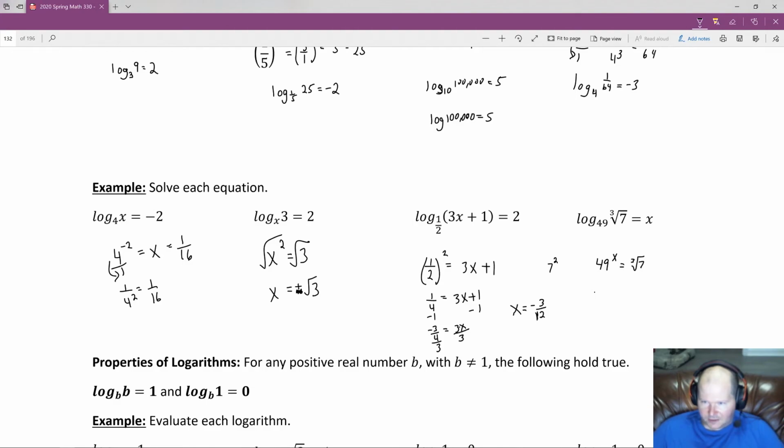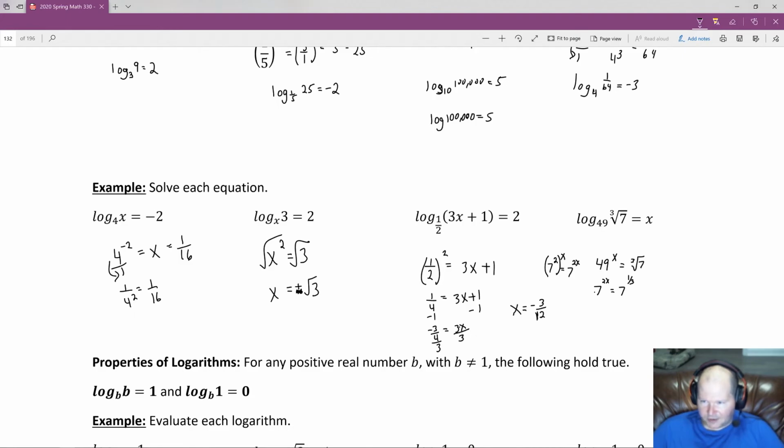Okay, now so if I did 7 squared to the x, the product rule would say that would be really equal to 7 to the 2x power. So I can simply rewrite this as 7 to the 2x power. Now over here I can also rewrite this as well, but this right here would be written as 7 to the 1/3 power.